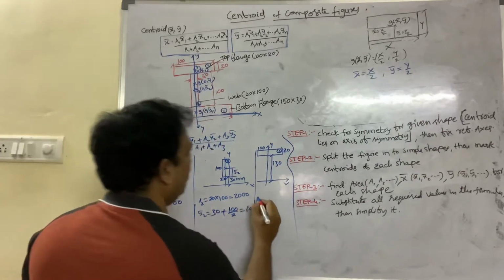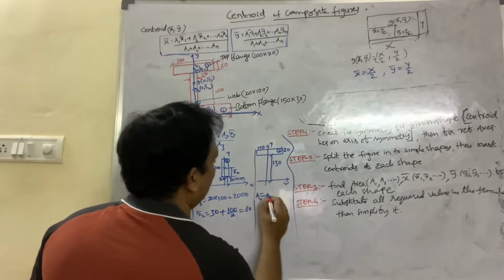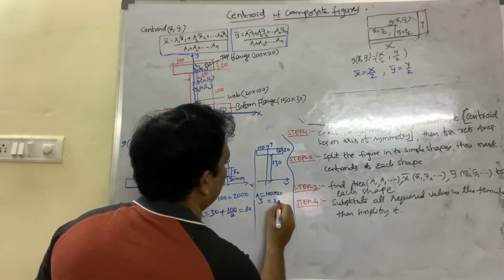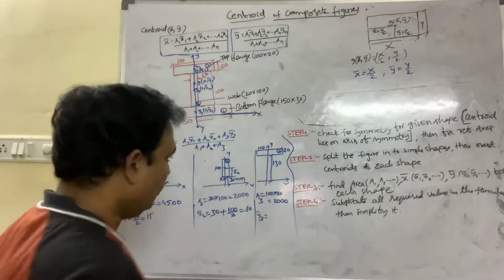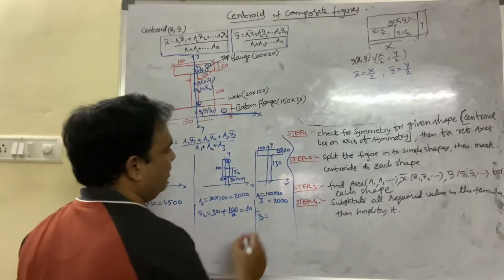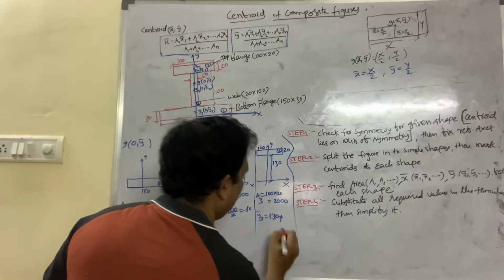For the third member, what is A3? 100 into 20 equals 2000. Next, what is y3 bar? This member is already located at a height of 130 mm from the x-axis, that is 130 plus.